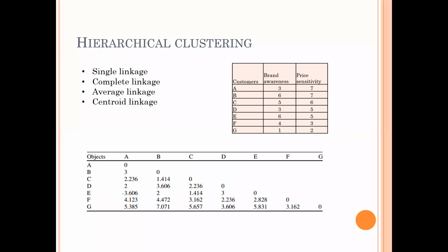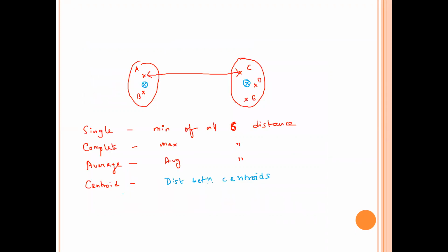Then there are different ways to calculate the distance between A and C. One way of measuring this is called Euclidean distance.